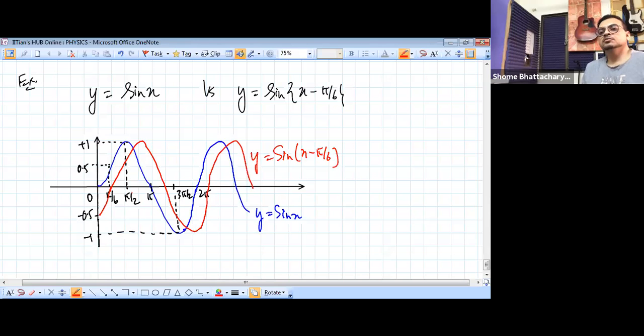It will be 0 at the point pi/6. It will reach the peak point at pi/2 plus pi/6, that is, 2pi/3. And similarly, it reaches -1 later. You can see that it has shifted like this by pi/6.